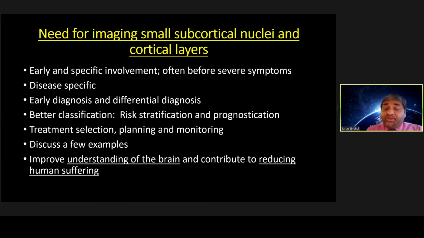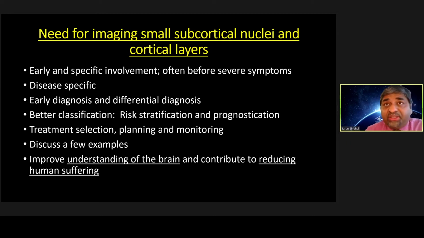So we definitely need to study and image these small subcortical nuclei and cortical layers, because they are often involved early and in a specific fashion in many of these neurological and neuropsychiatric conditions. That can help pursue early diagnosis and differential diagnosis, which is a key issue in management of these patients.